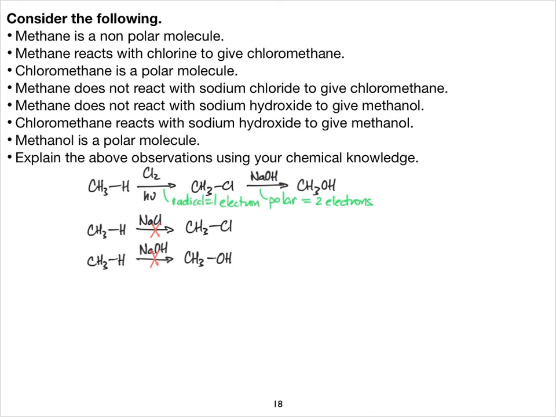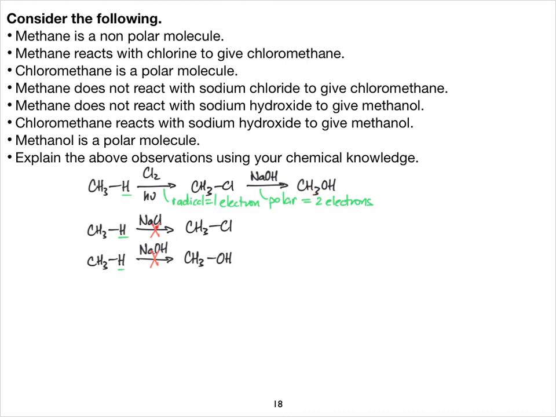Now, look at here, the common thing in all these reactions here, H, H, H. We want to understand why these reactions do not occur. We already understand why this occurs and the mechanism which happens. When we substitute the H for chlorine, we can actually get this reaction to go forward.